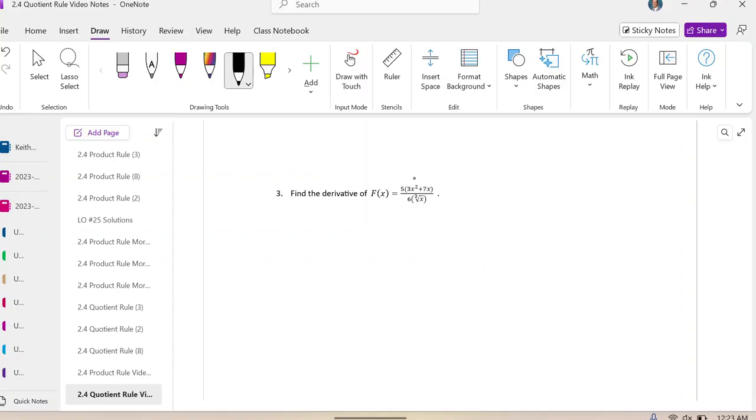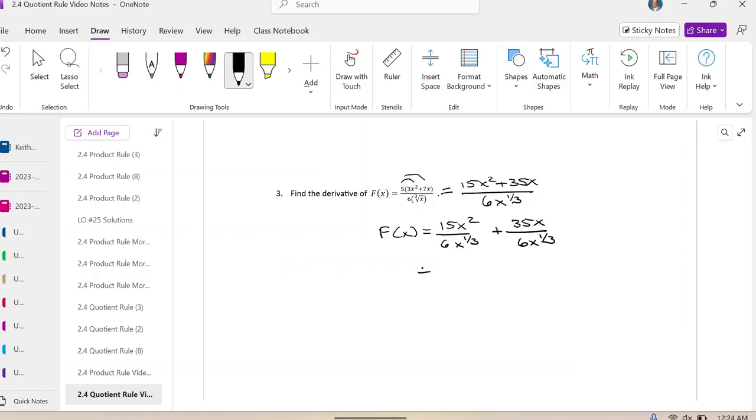So here, the numerator, well, first let's distribute the 5. So we get 15x squared plus 35x. And then here it's 6x to the 1/3. Now, instead of doing the quotient rule, let's split this up into two fractions. If you only have a single term denominator, you can split it up into two fractions with the same denominator.